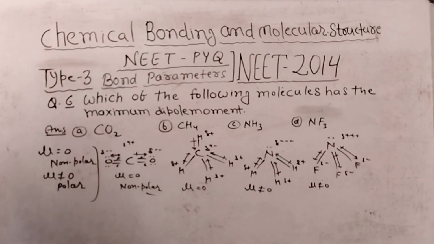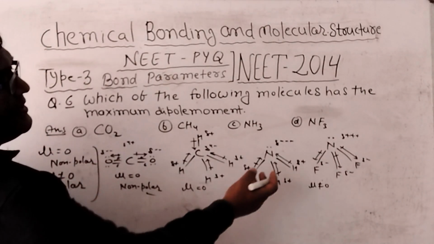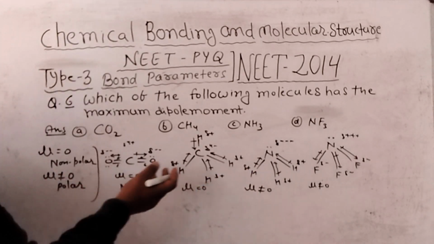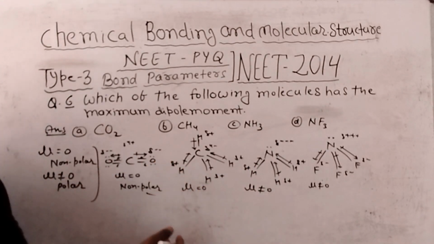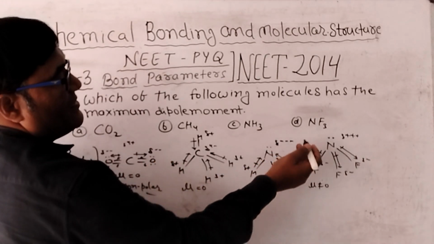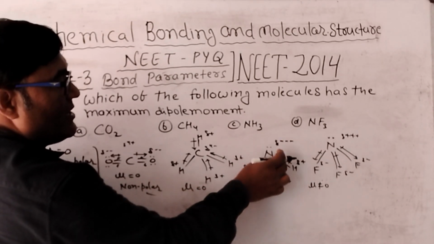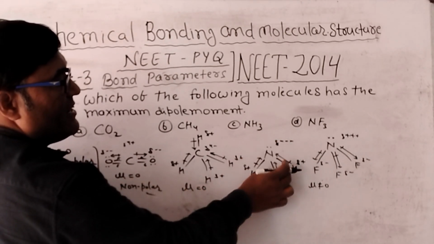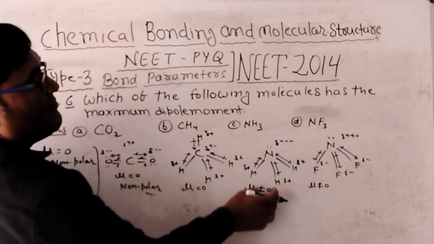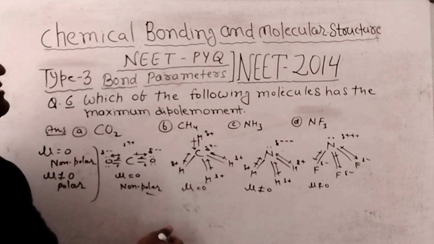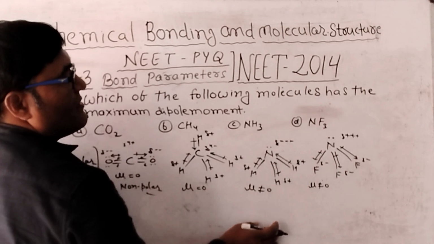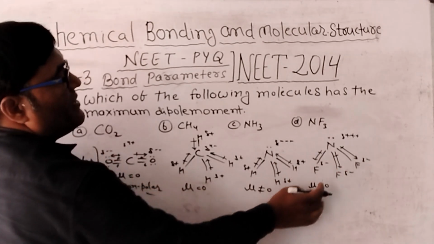Now how can we find the maximum dipole in these 4 options? Here 0 and 0, but here the condition is different. So on the basis of bond length between the central atom and attached atoms, we can find the maximum dipole. Here the central atom is the same, but the bonded atoms are different.